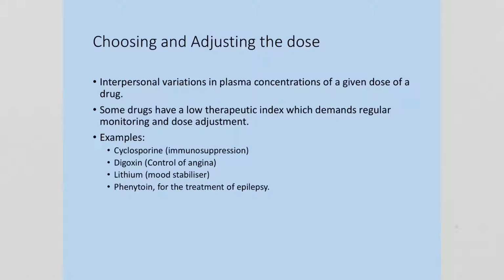And so here are some examples, including digoxin, which we looked at earlier, lithium, which is a mood stabilizer, and phenytoin, which is Epilim, for the treatment of epilepsy. So again, if you've got any patients on these drugs or others with a low therapeutic index, monitoring them, observing carefully for side effects is really important.